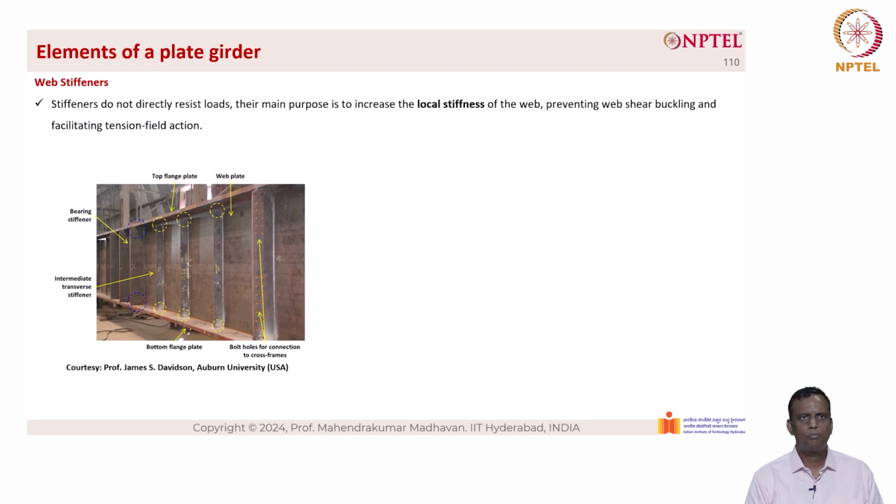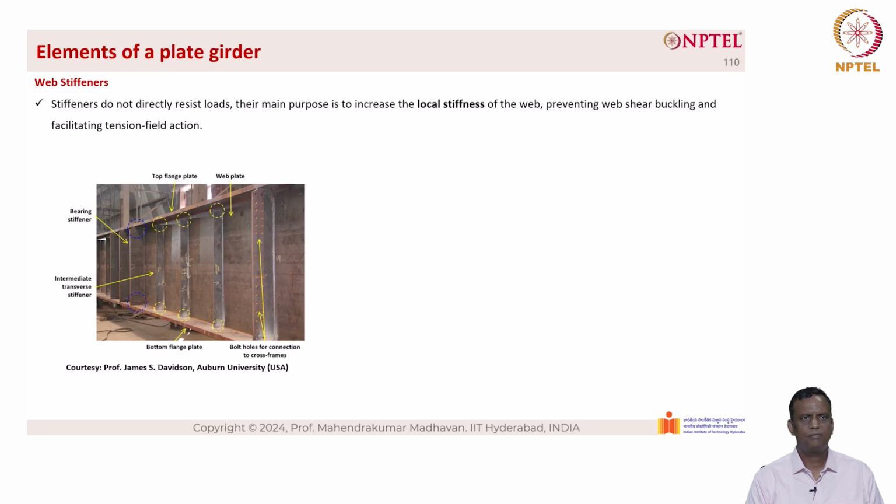You can see the top flange plate as well as the bottom flange plate, which is much thicker than the web plate, and you can see the bearing stiffener at several locations and also the intermediate transverse stiffener. As you can see, there is a gap in the intermediate transverse stiffener, marked in yellow circles at the top, and the bearing stiffeners are thicker, actually making contact at the top flange as well as at the bottom flange.